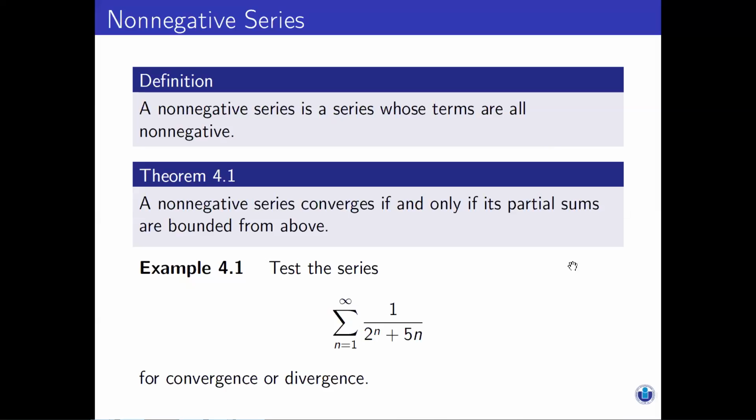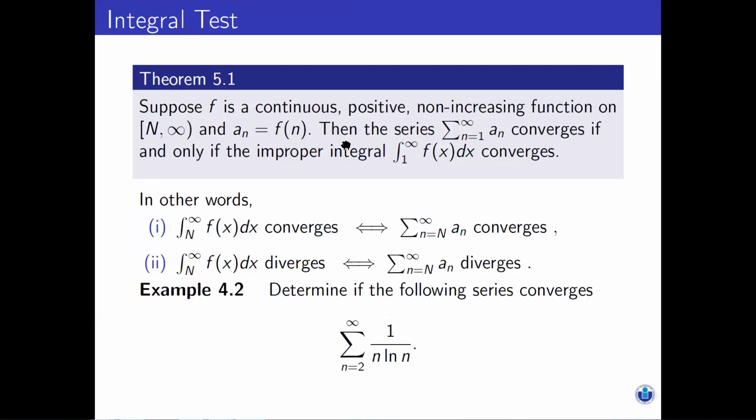So next we're going to study the integral test. Again, we are still working with this non-negative series, and if it happens to be the value of a continuous function f(x), so a_n is f at the point n, and if you know further that f is a decreasing function, then instead of working with a series, you can work with these infinite integrals here.